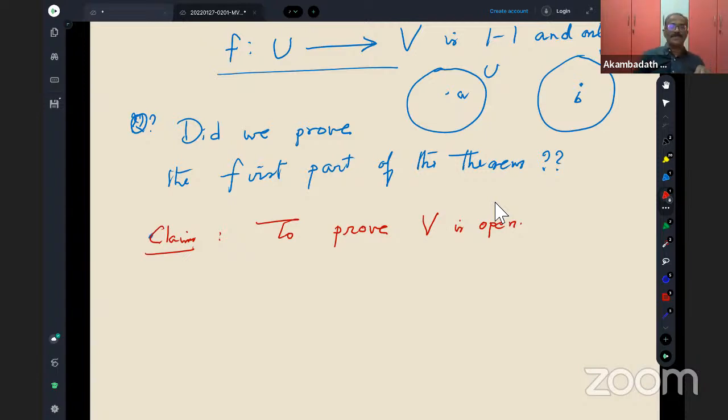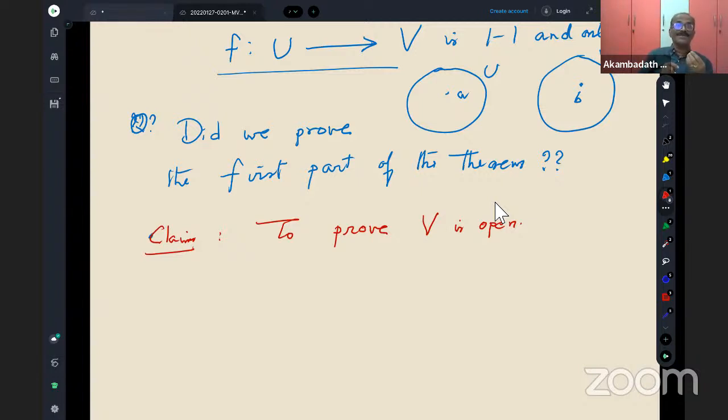With a quick few steps, I would have completed now, but there are a few more steps. See, now V is some F of U. You have to take an arbitrary point in V, not just work with B now, and show that it is an interior point of V, to show that V is an open set.